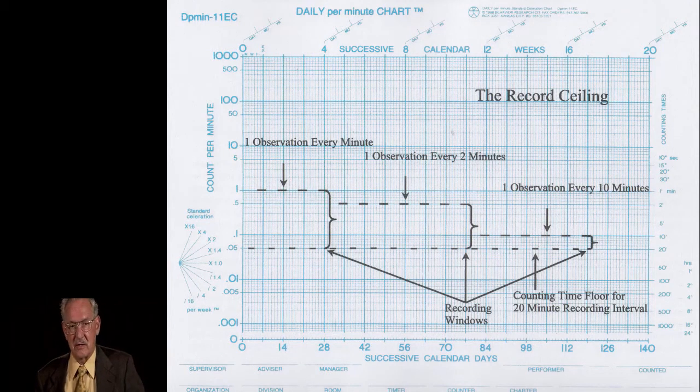We do not restrict it at the top by putting artificial limits on the frequencies that we can see, and we try to lower the floor as much as possible so that we can see low frequency behaviors if in fact they're occurring. So the combination of the ceiling and the floor define for us a kind of a recording window which we can try to increase, make as large as possible, to make our recording procedure as sensitive as possible to frequencies over as wide a range as possible.